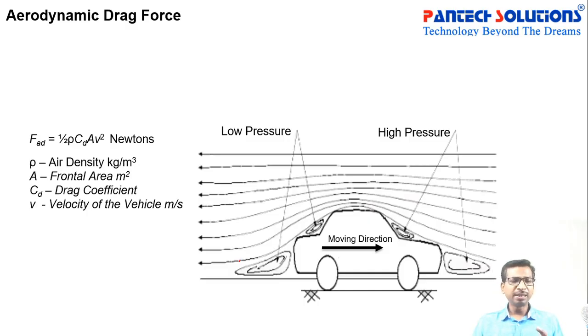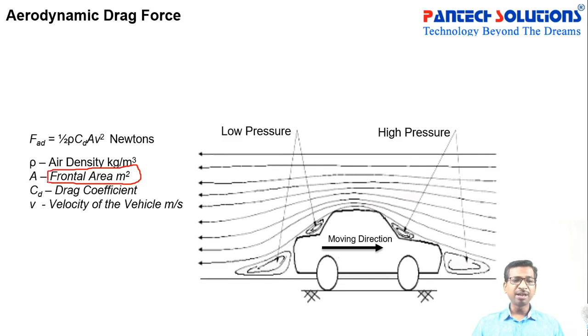There is a formula to calculate this. The aerodynamic drag force, F_AD, is equal to half rho, that is the air density, times C_D, the drag coefficient, which depends on the design of your vehicle and also has some constant values, times the frontal area, times velocity squared.